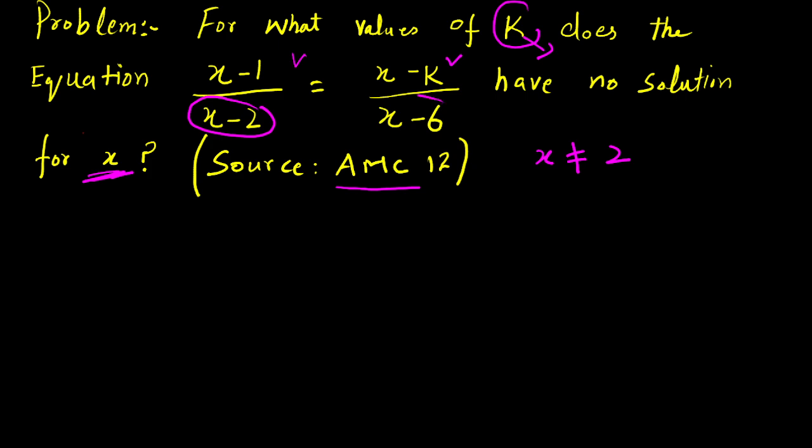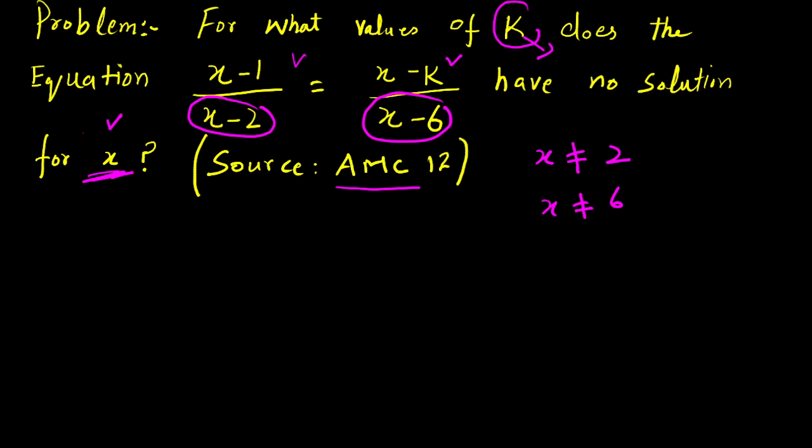And if you take x equal to 6, again the denominator of the right hand side becomes equal to 0, so you can't take x equal to 6. These two values are invalid solutions, and sometimes we call them extraneous solutions of your equation. Now you have to find the values of k for which there is no x.